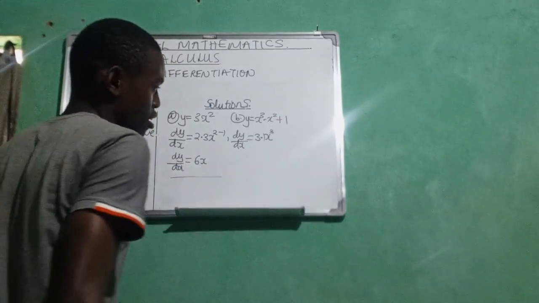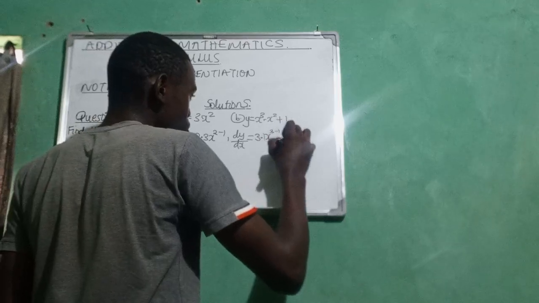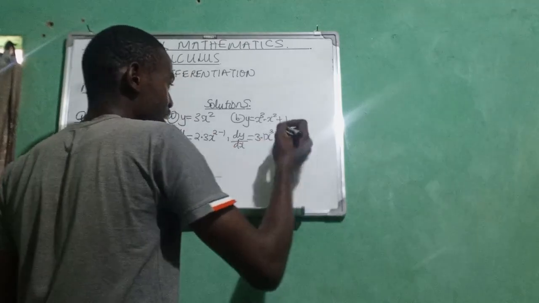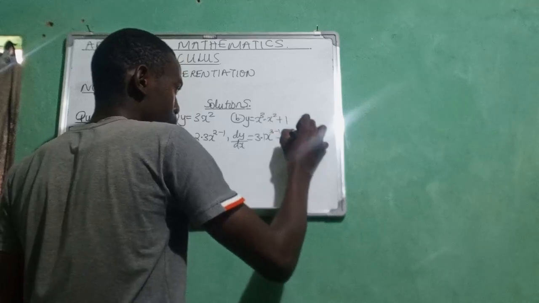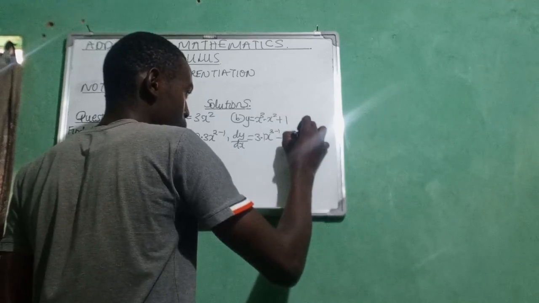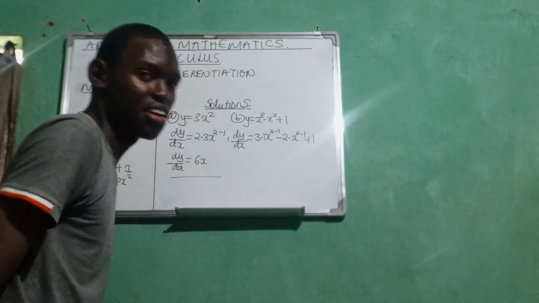Then you minus the 2, you multiply by the x. There's a power 2 there, we minus 1, then you plus 1 right there.